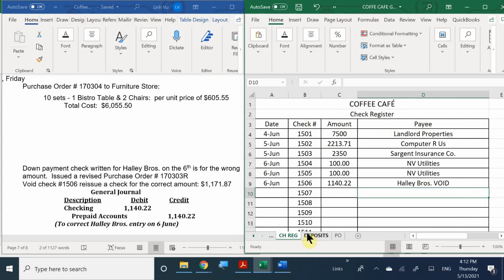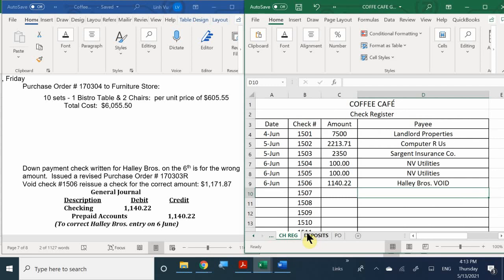Your best rule here is to never remove it from your actual books either, because that poses a possibility of fraud. What happened to check number 1506? I deleted it from my books. Well, why? A good preventative measure is to just keep everything in there. Just make sure it says voided on that check somewhere, which I've already indicated on the payee section. I made sure that it says that this check is voided.